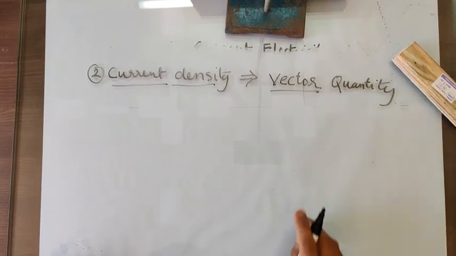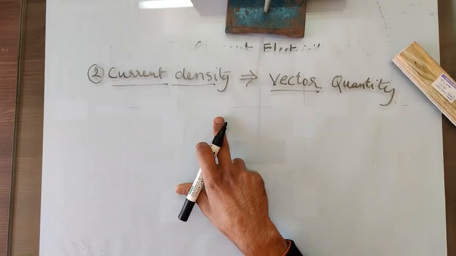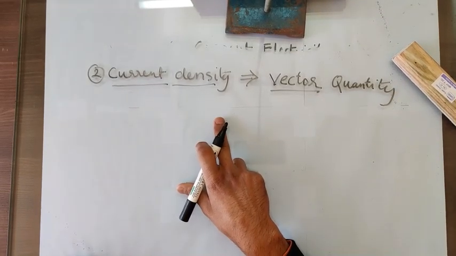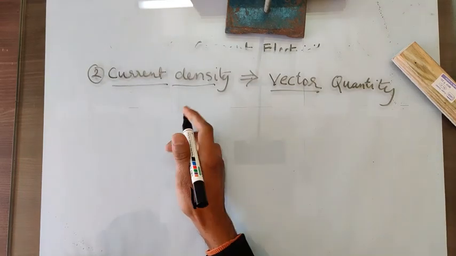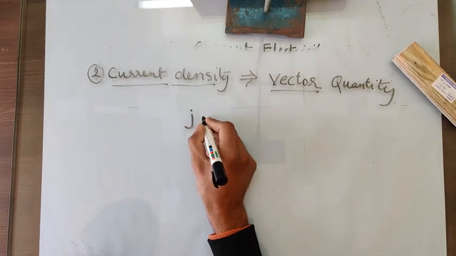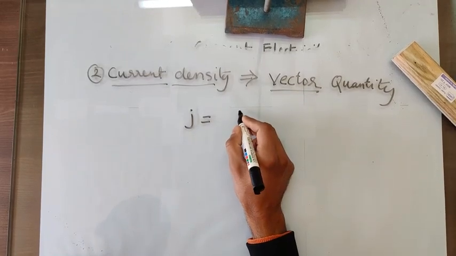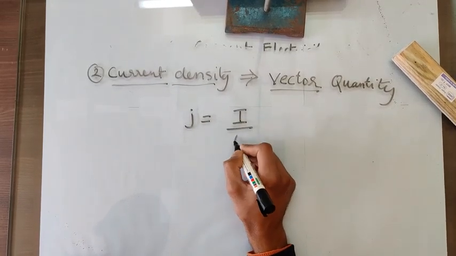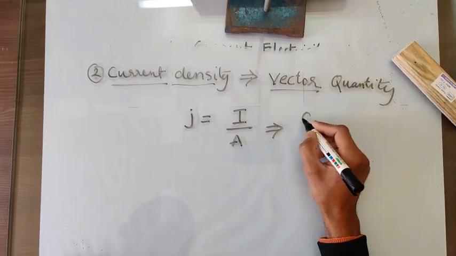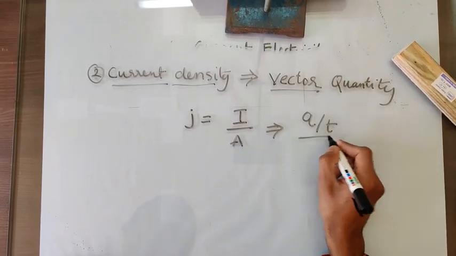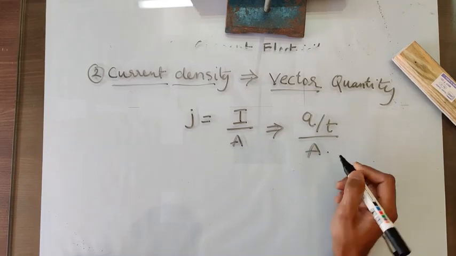Current density is a vector quantity. Current density is the amount of charge flowing per second per unit area normal to the flow of charge. So current density is equal to current per unit area, where current is charge per unit time, upon area.